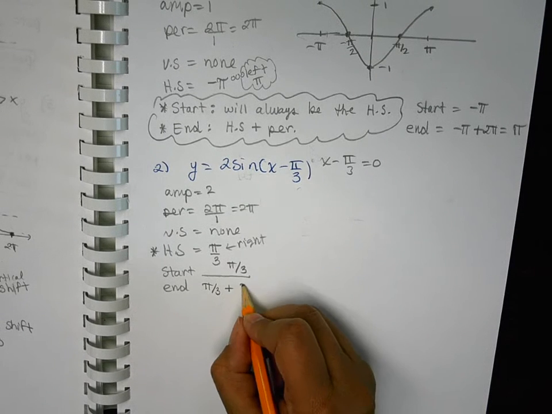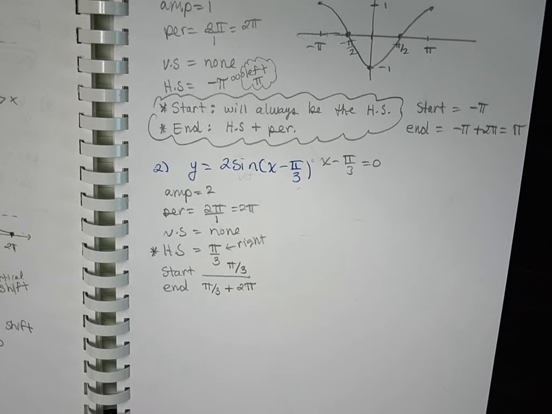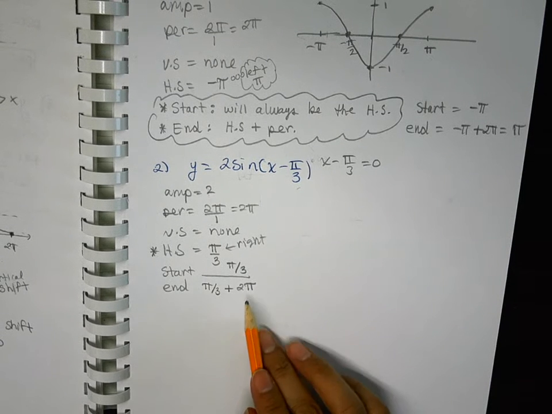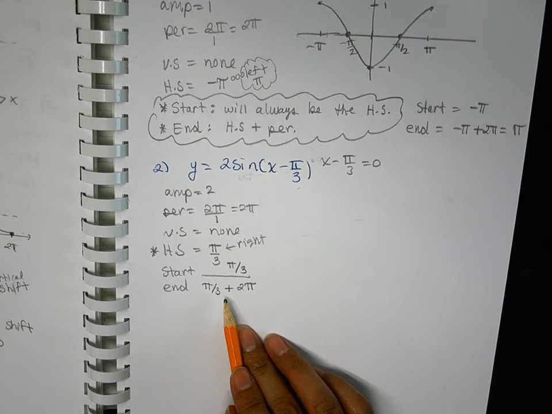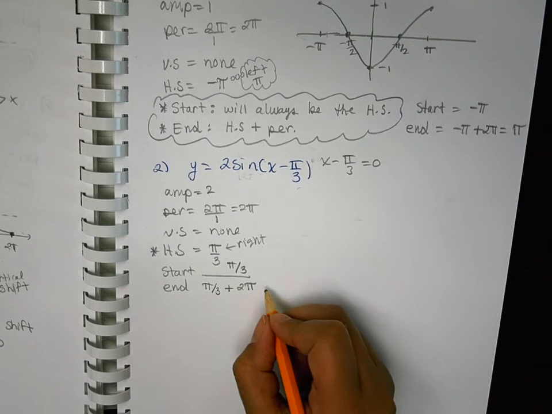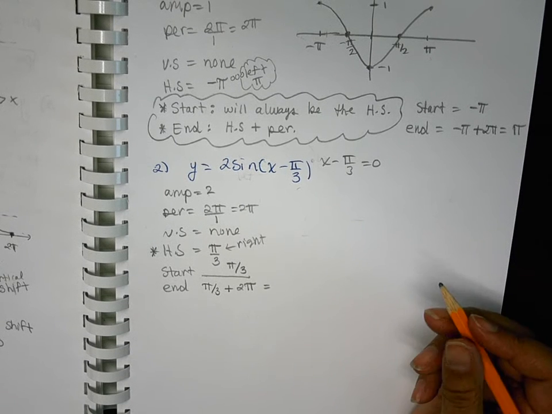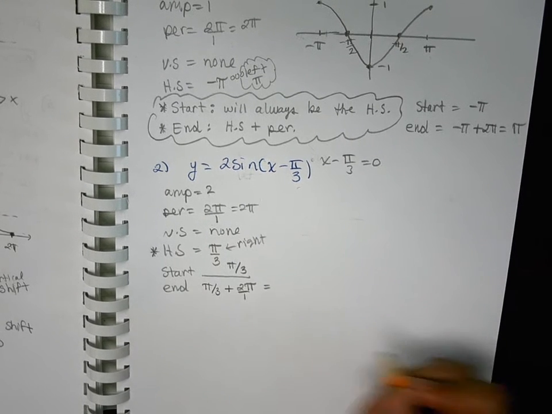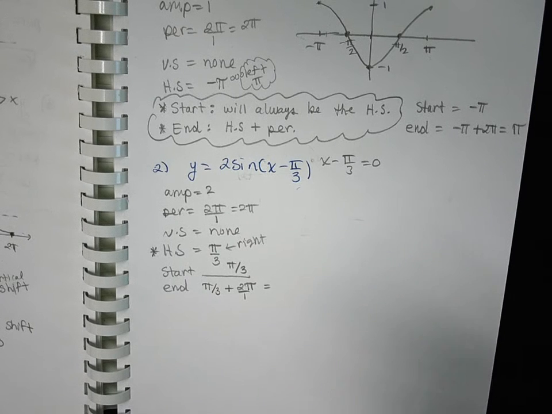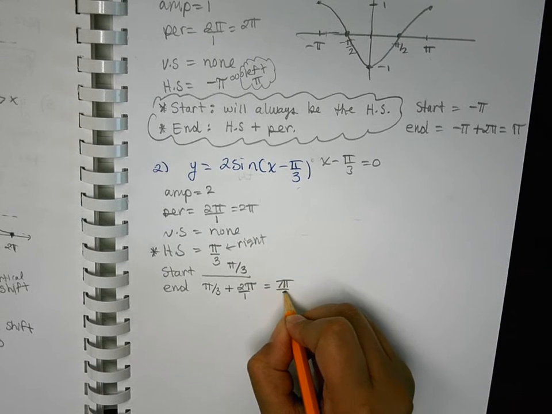I'm going to give you guys a few seconds to add that. Write it as an improper fraction. So you can say 2 pi plus pi over 3 is 2 pi over 2 and 1/3 pi. Common denominator, however you do it. Anybody have it? Give you guys a few seconds. Put that over 1, multiply top and bottom. I heard somebody say it. 7 pi over 3. If you didn't get that, go back later.